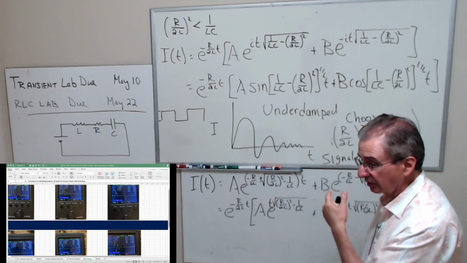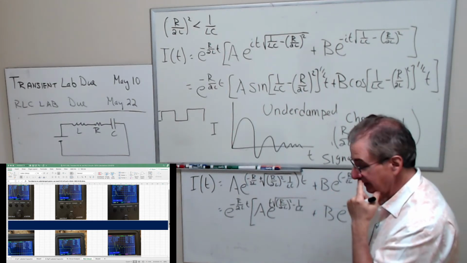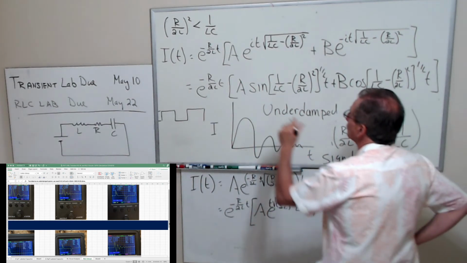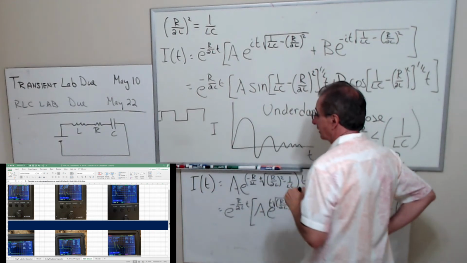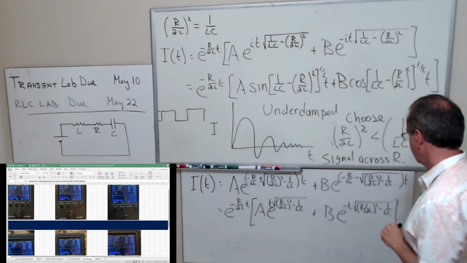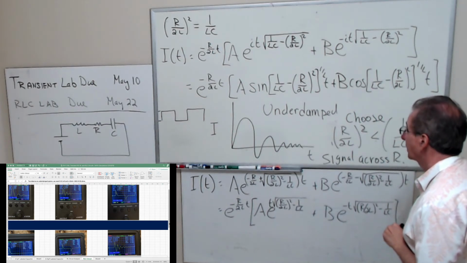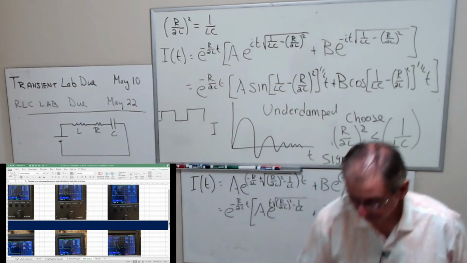There's one more case though, right? I haven't gotten to the one more case. Can I just say something about the last case? The last case is when this is true. If they're equal, then what?